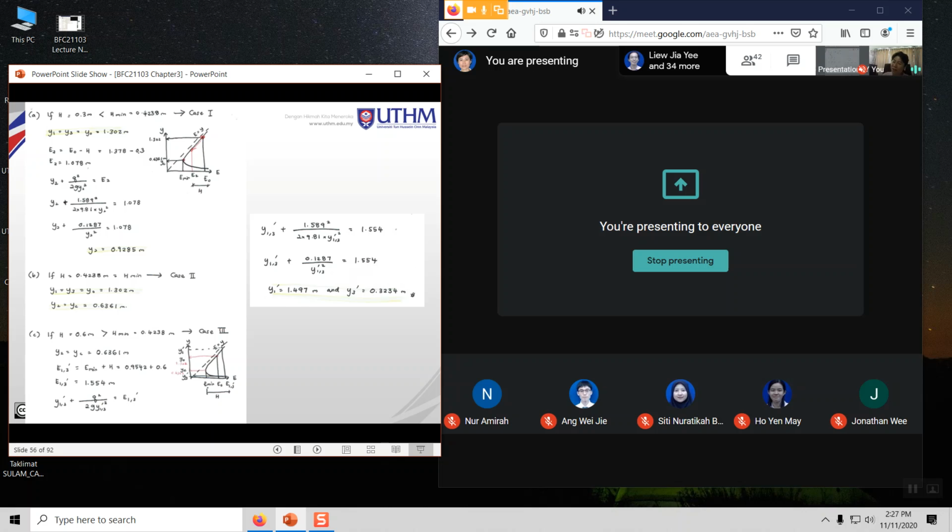Remember yesterday we said for case 3, your Y1 is always subcritical flow, and your Y3 would always be supercritical flow. Therefore, your Y1 should be greater than Y3. And of course, the rule of thumb is Y1 should be greater than your YC, and your Y3 should be less than your YC, which the answers agree with. So therefore, your Y1 is 1.497, Y3 is equal to 0.334.